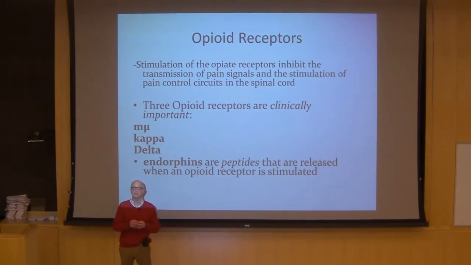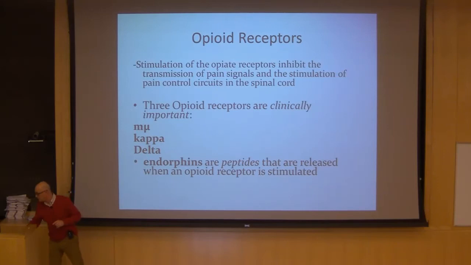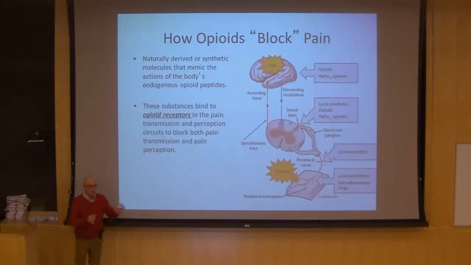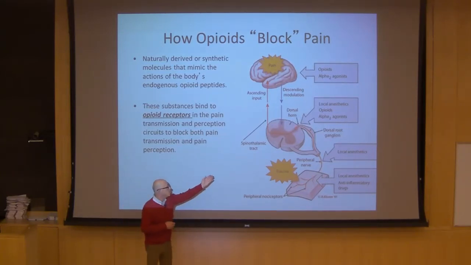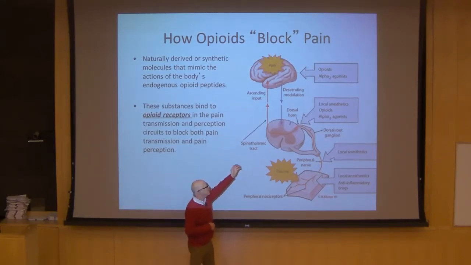The delta receptor does modulate the effects of the opiates, although it has some effects that basically don't make you feel too well. So for the most part, we're talking about the mu and the kappa receptors, and where they're working is one in the brain, blocking the perception, and the other on the dorsal horn, modulating or decreasing the effects, which is the descending modulation.